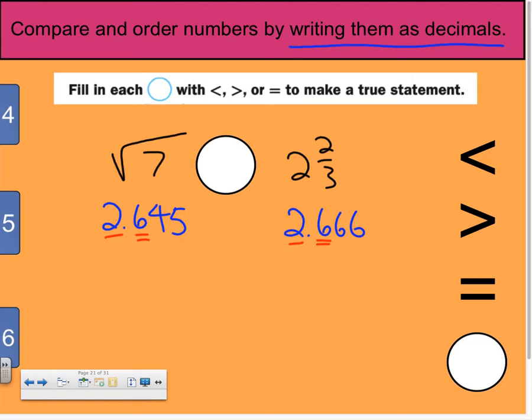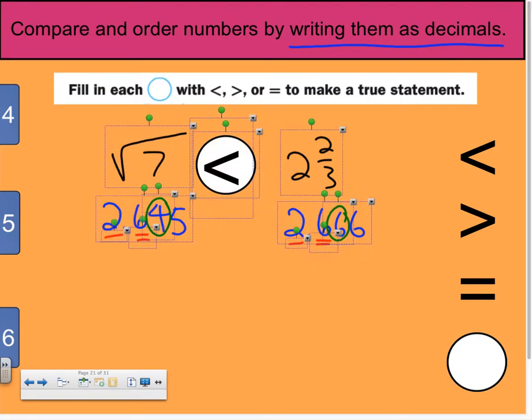So we're going to have to look at the 100th place to see where we have our first difference. And 6 is larger than 4, so that means 2.666 is larger. And as Savannah taught us, the alligator wants to eat the bigger number, so it should be a less than sign. The square root of 7 is less than 2 and 2/3.